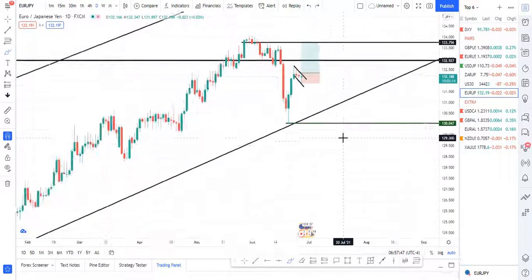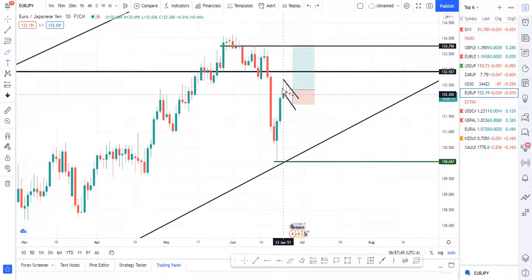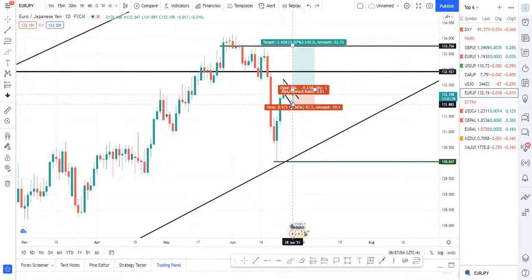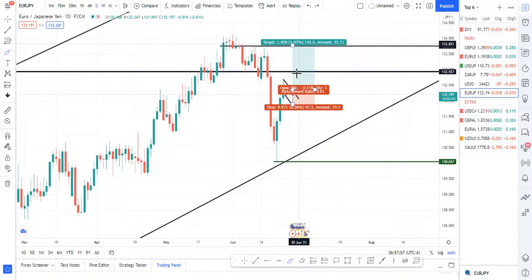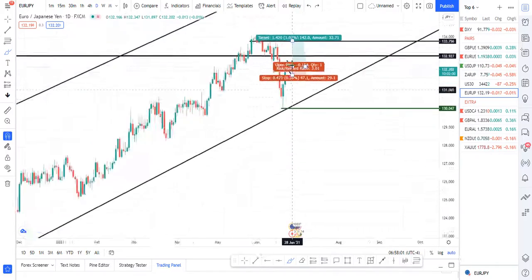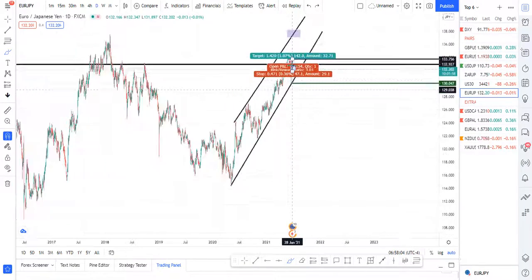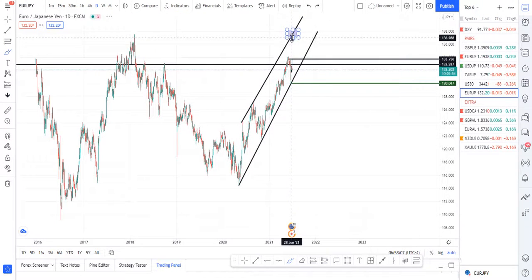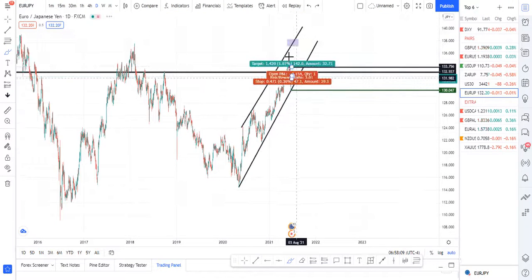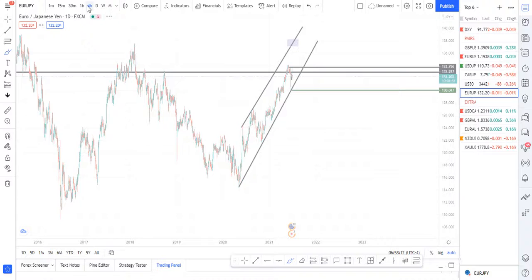But for me, I'm looking at this and I love this structure. I love the structure as it went up, and this could be a higher low before creating a higher high. So I want to enter here, and I'll show you why I want to enter there, right? I want to enter there and go with it to the upside. And if it doesn't, I'm going to look for sells, and I'll show you how I'm going to do that.